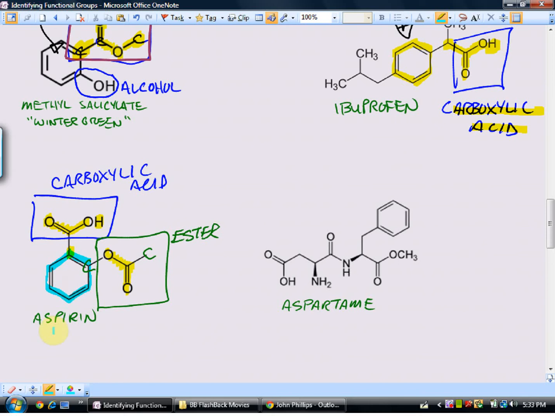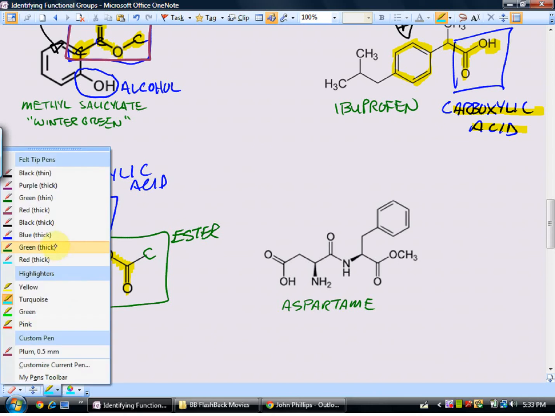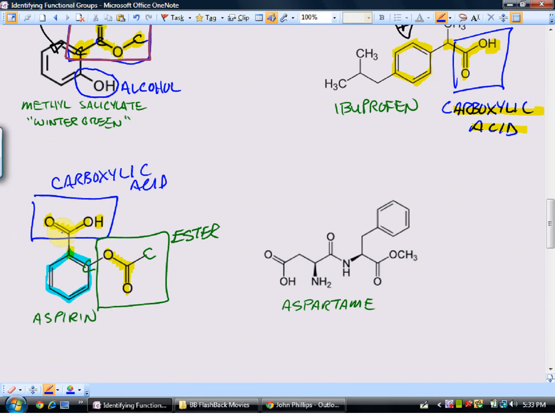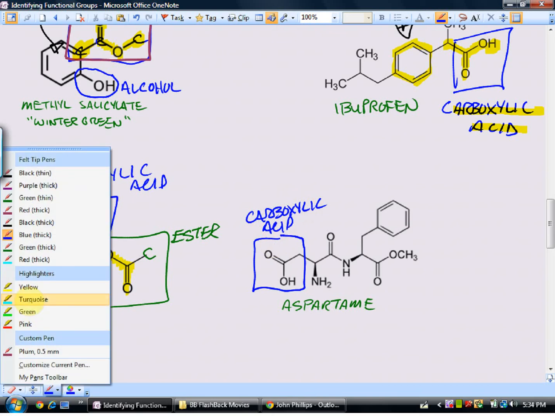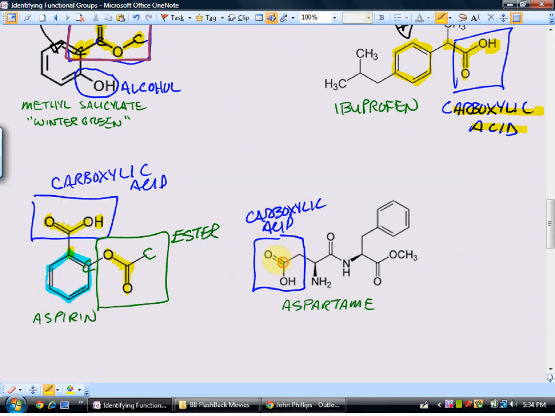Move over to aspartame. Aspartame is the artificial sweetener in many diet beverages. So let's take a look at that. As we start, what do we see? First thing we see, perhaps, is the group right here. I hope we all recognize that as carboxylic acid. Again, carbon-oxygen double bond, perhaps is the first thing that catches our eye.